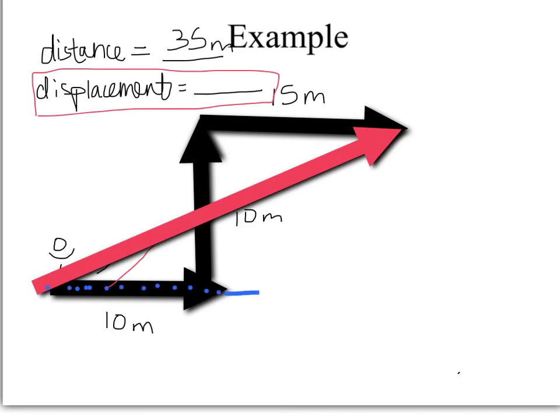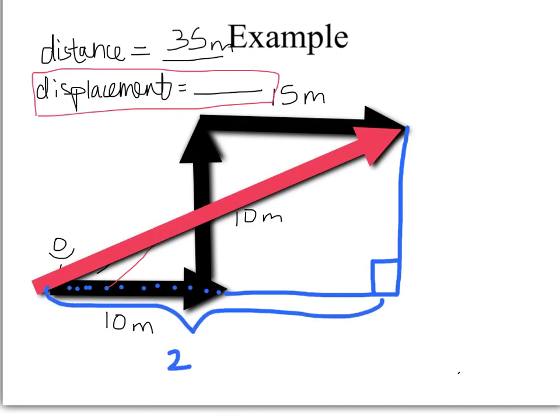Then we can add the 10 meters from above and the 10 meters there. If we make it a right triangle, we can solve it out. Now this side of the triangle is 25 meters, and this side of the triangle is 10 meters.